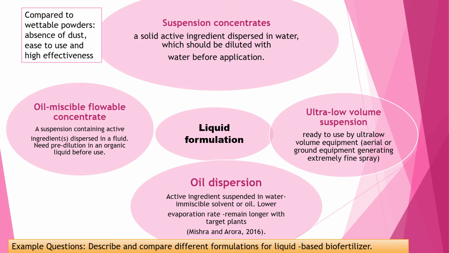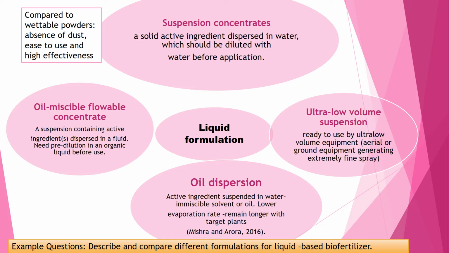But in this case, we have to control the concentration of the suspension. So our biomass, the microbe, is considered a solid active ingredient. It has to be dispersed in water. Then after that, it can facilitate the dilution with water before application. So this is called suspension concentrate. So the biomass will be quite high.